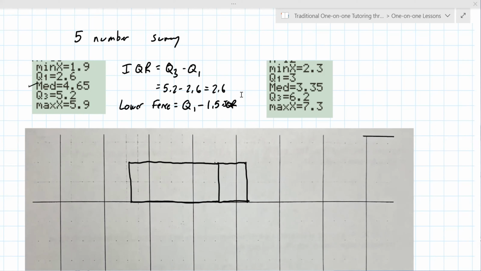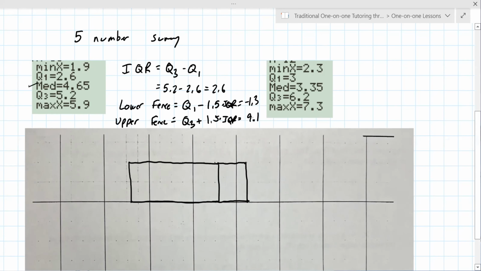All right, and that's minus 1.3. You also need the upper fence. The upper fence is really similar. It's Q3 plus 1.5 times the IQR. And so you calculate that as well. Yes, there's a lot of calculations in this, and that's 9.1.